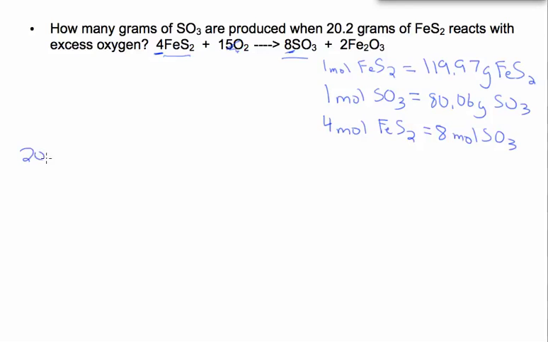So we have 20.2 grams of FeS2. And to get those grams to cancel out, we have to have grams on the bottom. We have to use one of our conversion factors, and that equals 1 mole of FeS2.